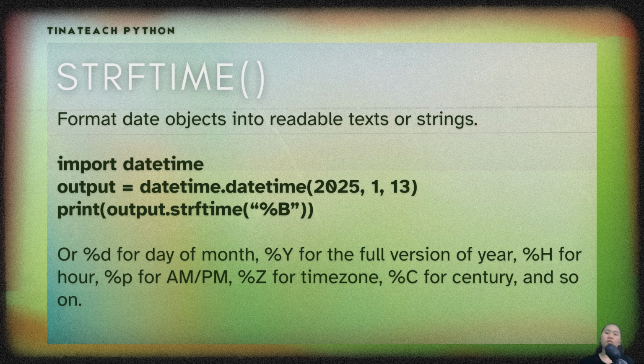Like if you search online, you have a long list of different letters that you can go for. I have some examples here. So normal d for day of month, right? Y for the full version of the year, so you get like 2024. H for hour, P for AM, PM, Z for time zone, C for century, so on and so forth. So that's the gist.